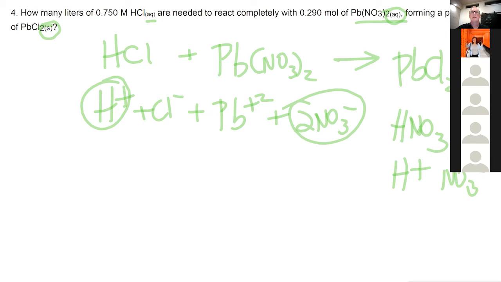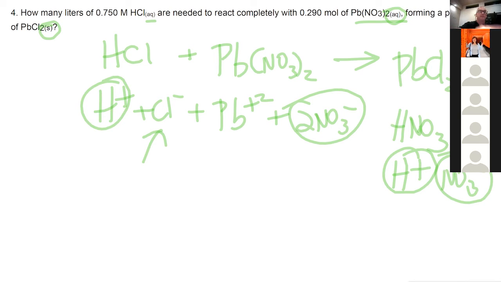They don't really do anything. They were there at the beginning and they're there at the end. A spectator ion, that's right. They're not involved in the reaction at all. Basically, the only purpose of the H+ is to supply chloride ions, because the only things reacting are the chloride ions and the lead ions.